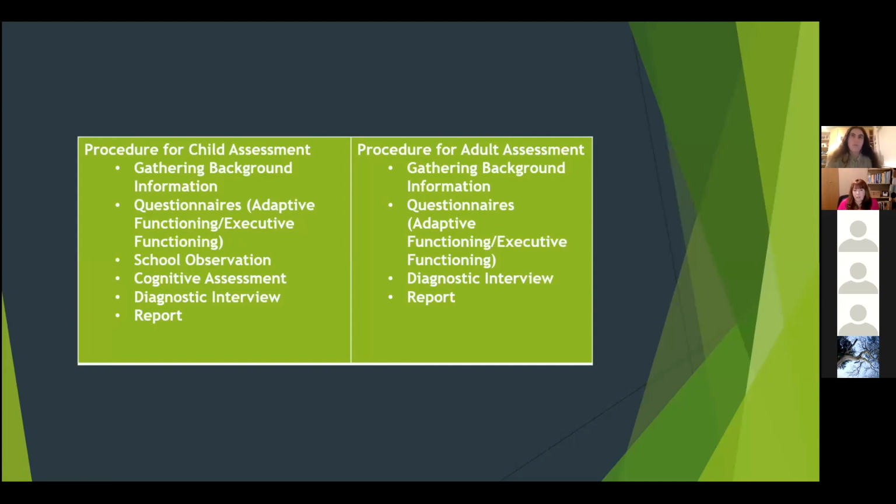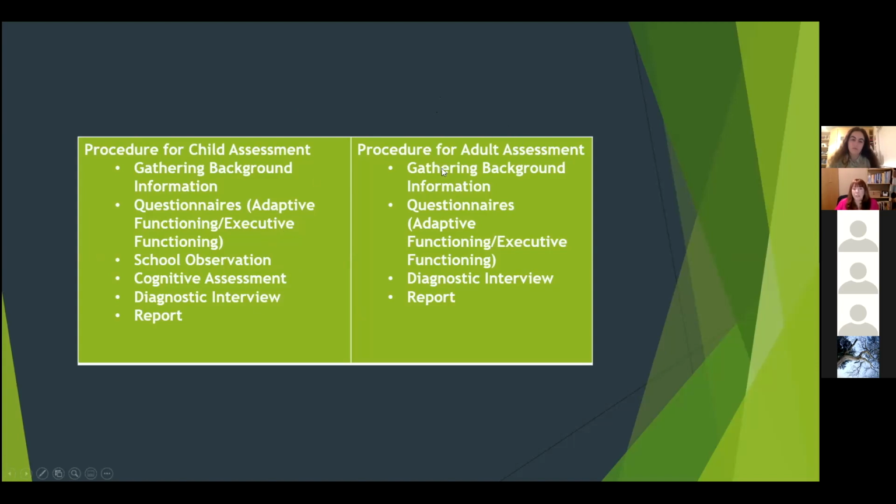Then again, depending on the age of the child, there will be a school observation in the school setting, there will be a cognitive assessment, diagnostic interview with parents and the child, and then culminating in a report that will summarize all of the information that was obtained throughout the assessment, confirmation of diagnosis if the diagnosis is there, and then some recommendations. And for most people, the most important piece are obviously the recommendations.